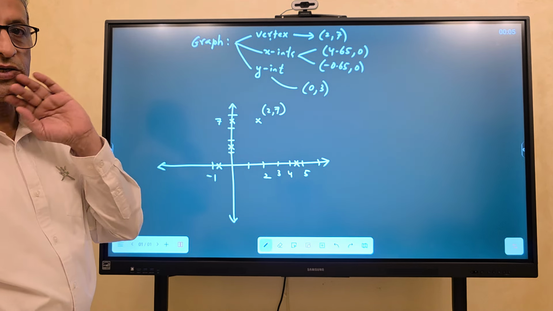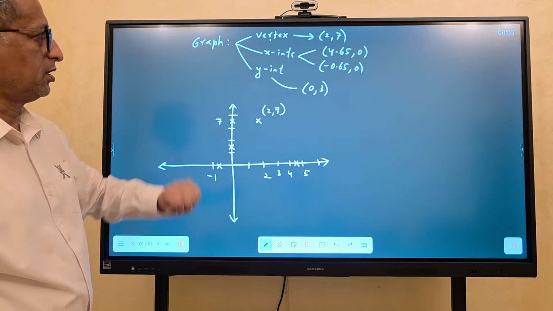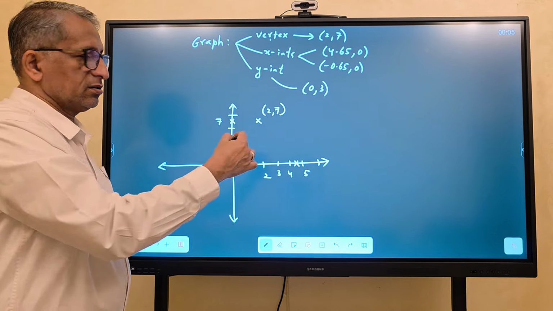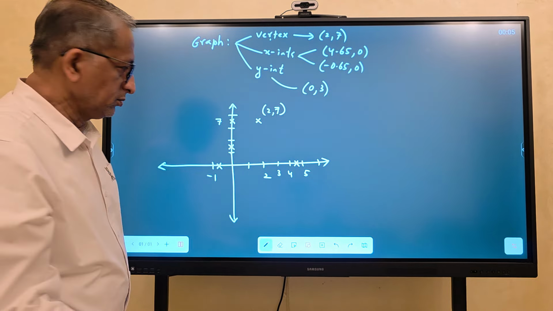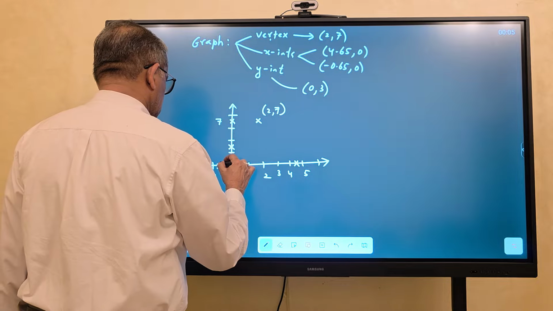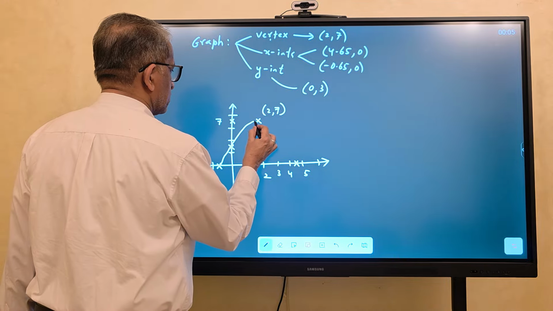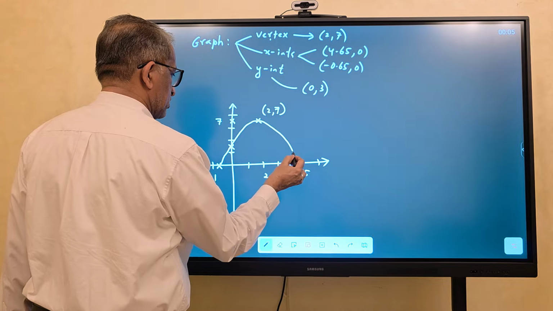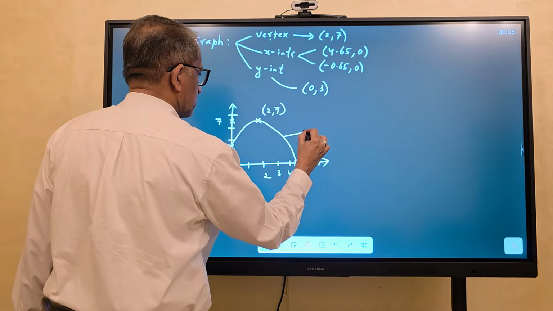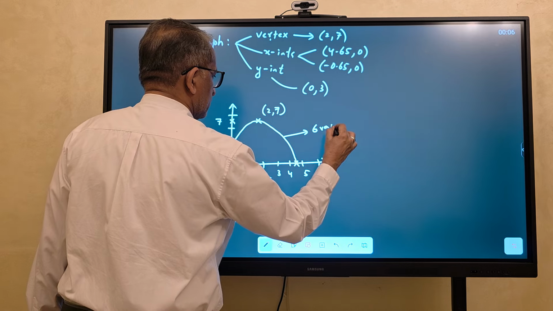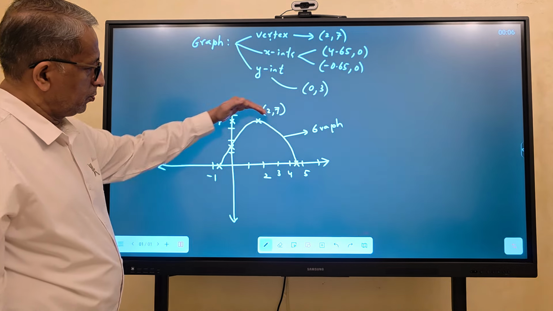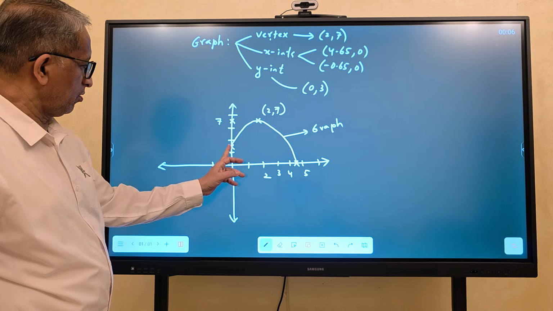So here how many points do I have? 4 points. Since A is negative, it will open down. So I have to draw a line joining all these points. You see, this is the graph. It opens down. Please join all the 4 points.